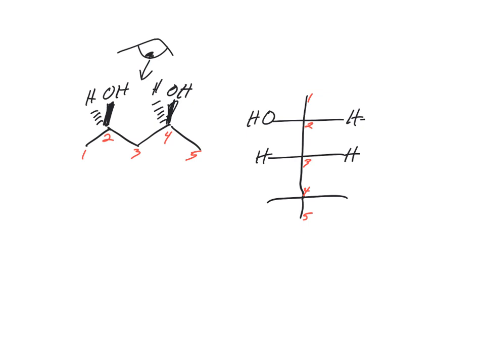Also, even if you drew it maybe a little different, this OH and this OH, are they on the same side or opposite sides? OH and OH are on the wedge and wedge. The OH and the OH are on the same side. Thank you. You're going to get it eventually. So that means they'd be next to each other, and that'd be there. And that's how you draw it, right?